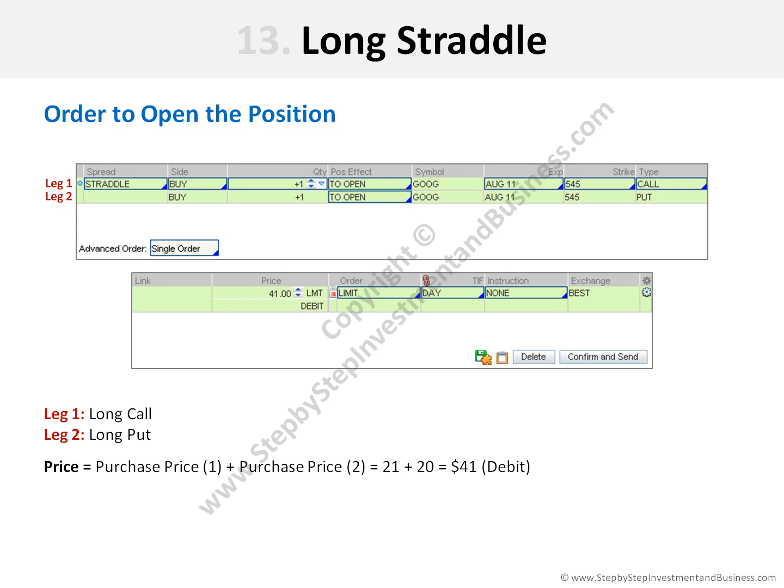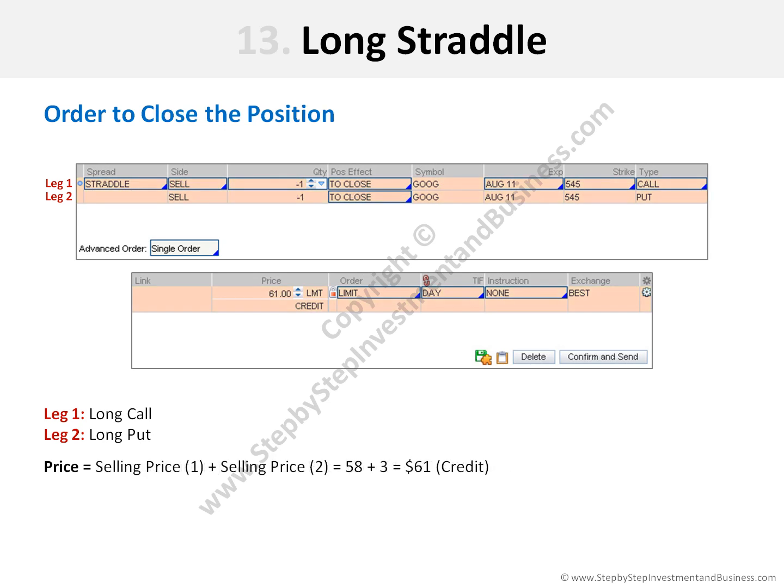Leg number 2 corresponds to the long put and consists of buying one put with the same strike price and expiration date. The entered price is given by the sum of the purchase prices of the call and the put. In this case, 21 plus 20, which is equal to $41. This is the money expressed per share that will be debited from our account when the order is filled.